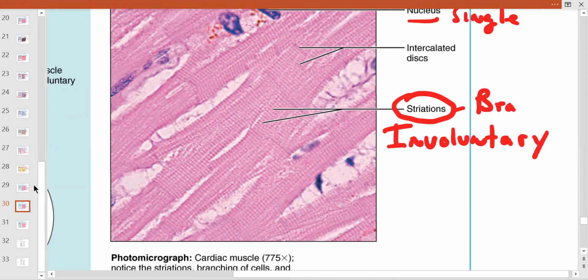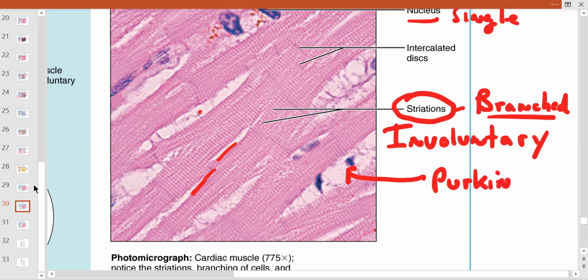It's not linear, not in those straight lines like the skeletal muscle was. It's branched, and you can see the outline of it, and you see the white stuff in between. The white stuff is actually nerve tissue called Purkinje.